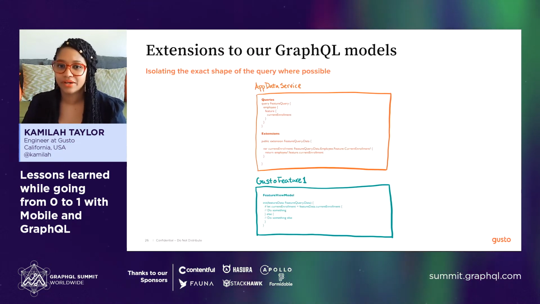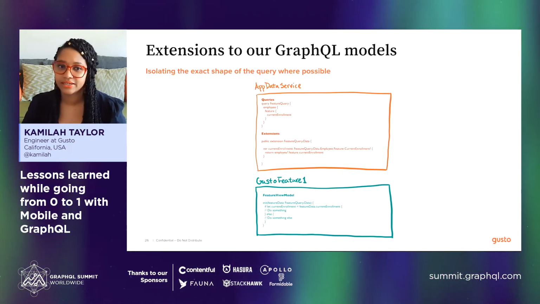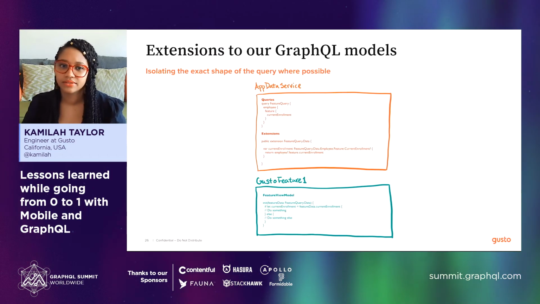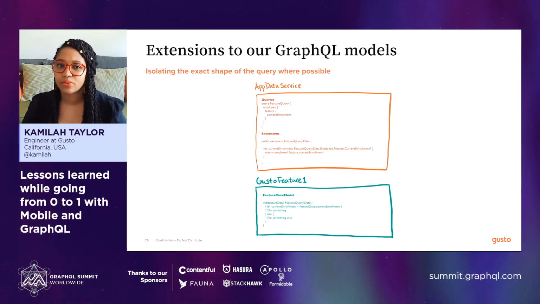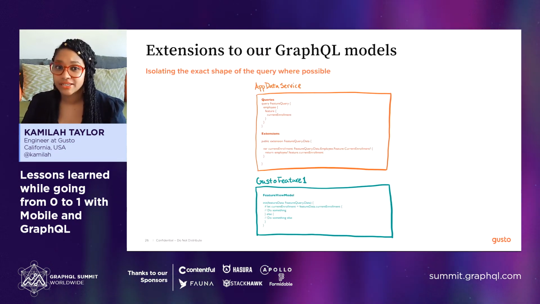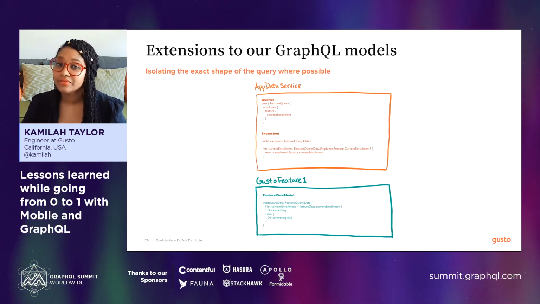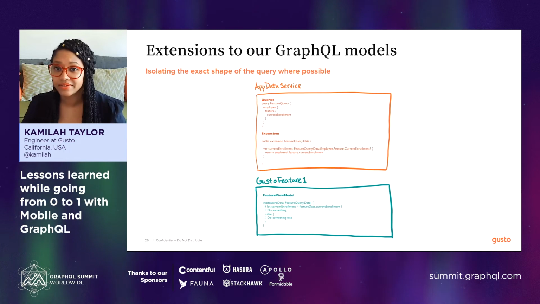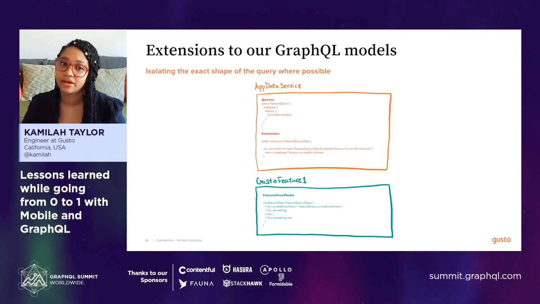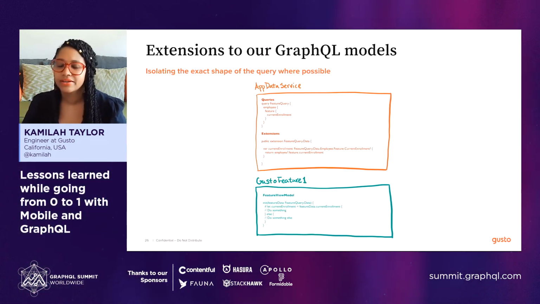And now the view model can just call featureData.currentEnrollment. This means that when the schema changes, we can make the change just at the extension layer and hopefully nowhere else has to change. And if it does, because an underlying type has changed, the fallout is reduced.